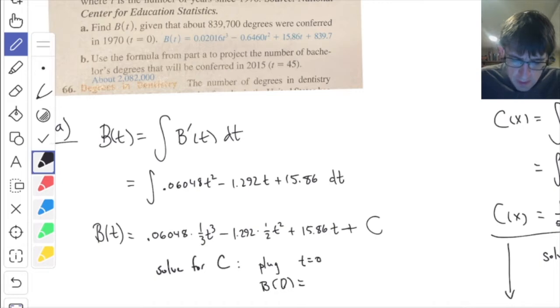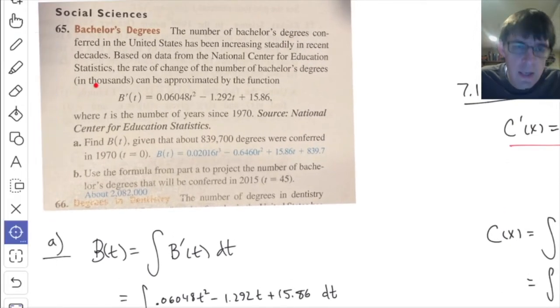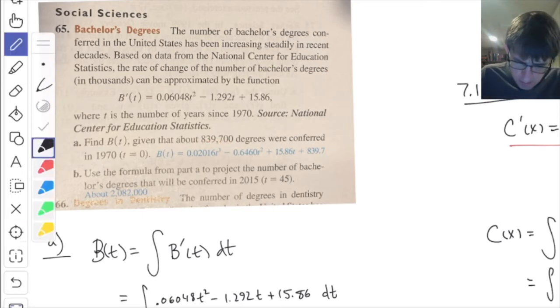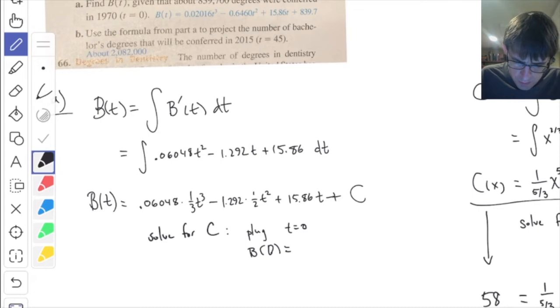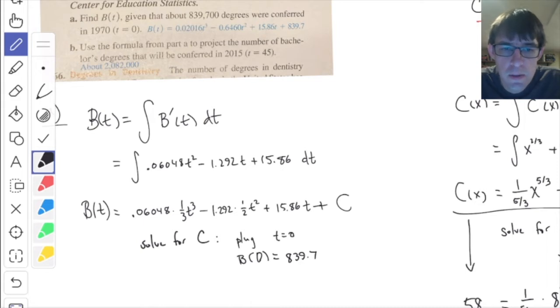839,700. Now, in the problem, the units here is in thousands. So when I see 839,700, in terms of units of thousands, I'm going to use b of 0 equals 839.7 because my units are thousands. All right.